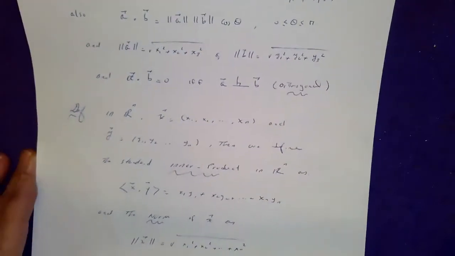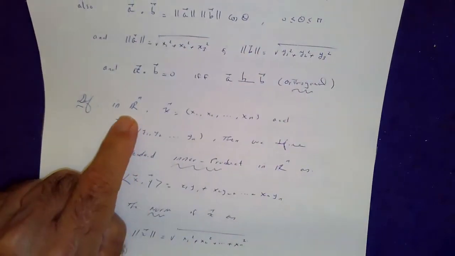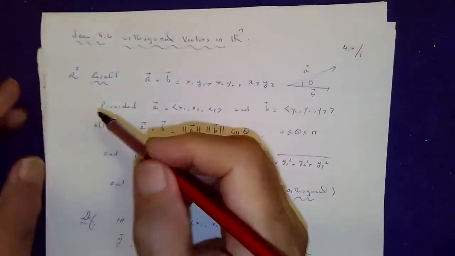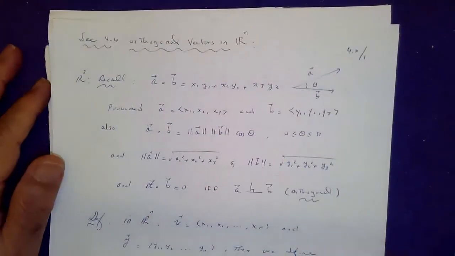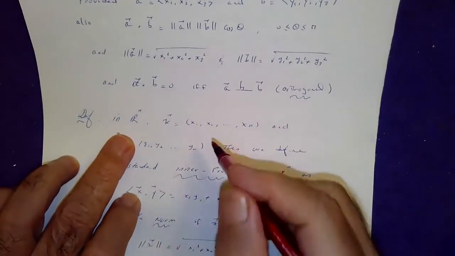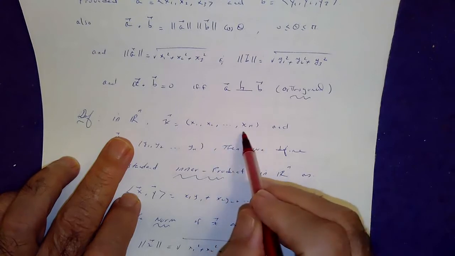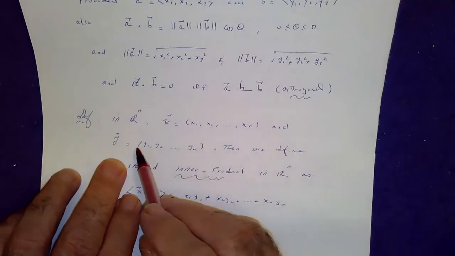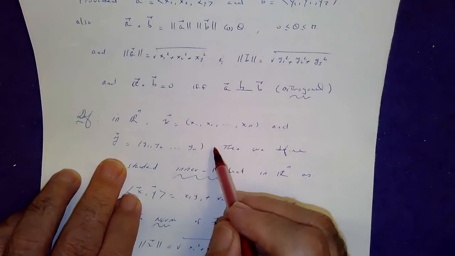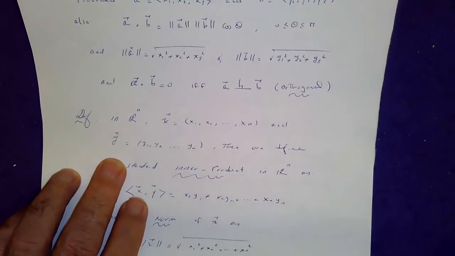So the definition is this. So that was in R3. Now, if you extend this idea of dot product to Rn, so now our typical vector will have n tuples of real numbers, and let's say y is n other tuples of real numbers.